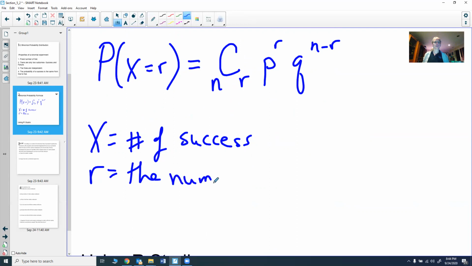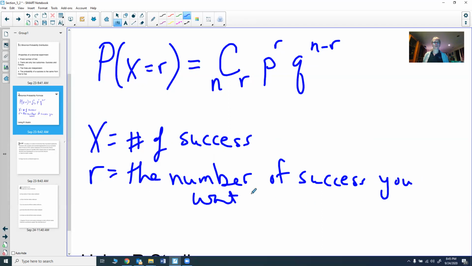So if I want to see if I get 10 heads, then my r would be 10. So it's how many successes you actually want to observe.